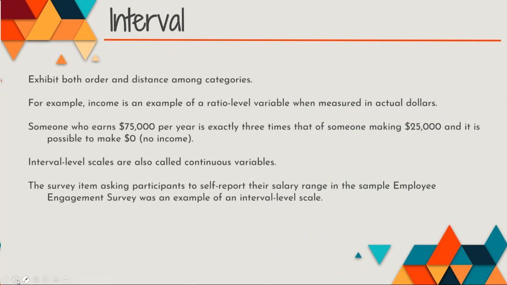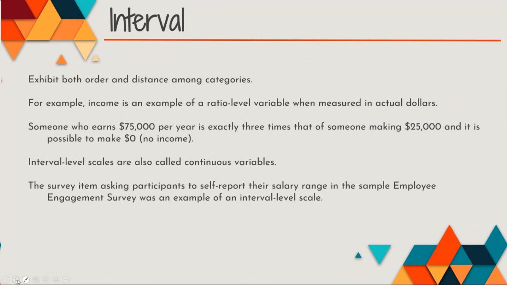Income is a great example of a ratio level variable that is measured in actual dollars, and potentially if you have your answer options that are $25,000 increments from each other, that would be an example of a proportional variable in between those different categories.